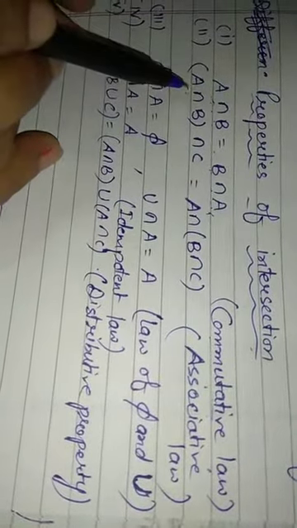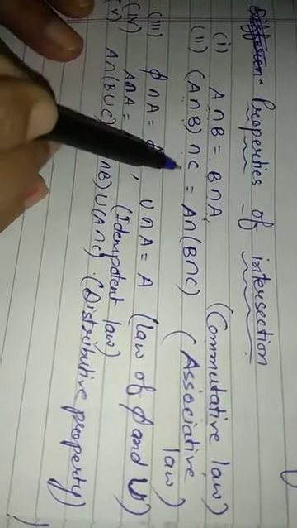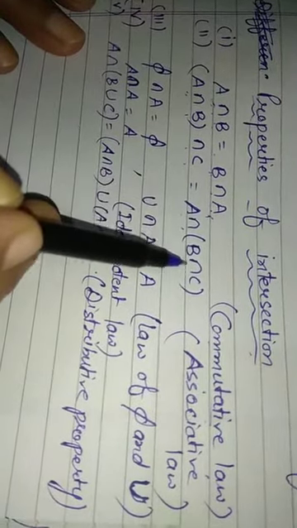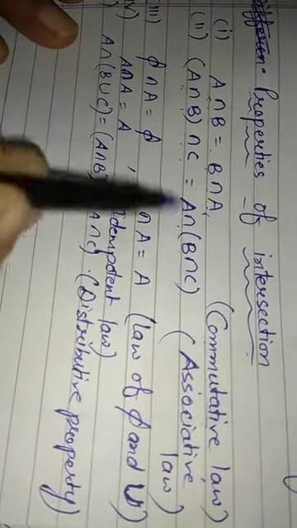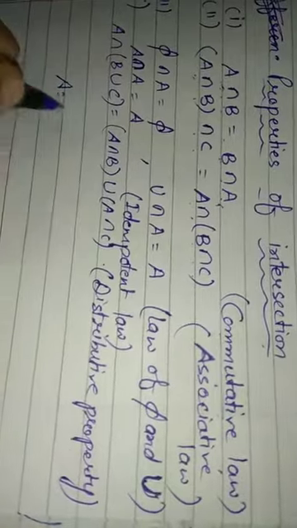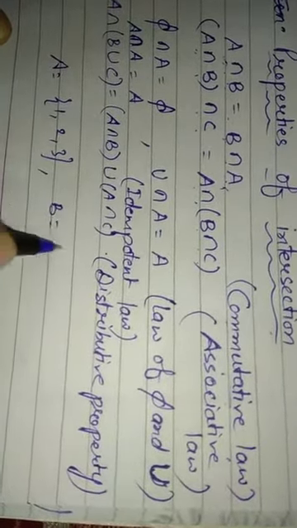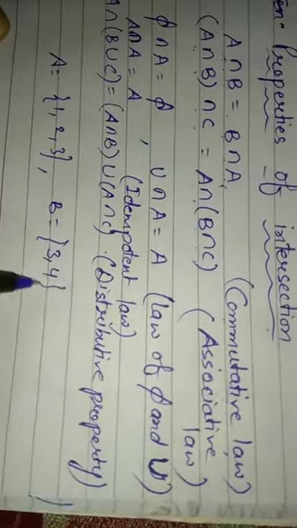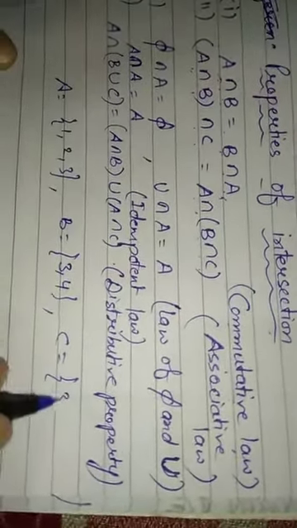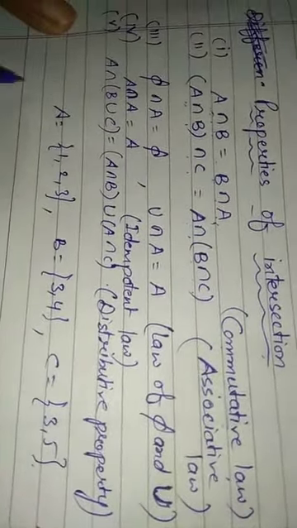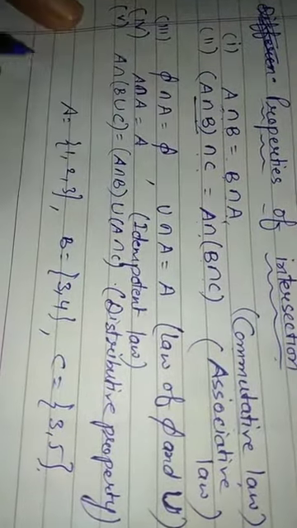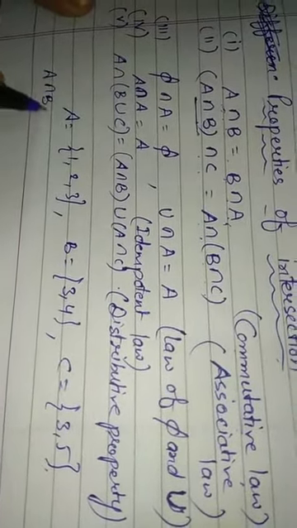Now associative law, A intersection B intersection C is equal to A intersection B intersection C. You can take any example. Suppose A set has elements 1, 2, 3 and B set has elements 3, 4 and C set has elements 3, 5. Suppose I want to find out A intersection B. What is A intersection B here?